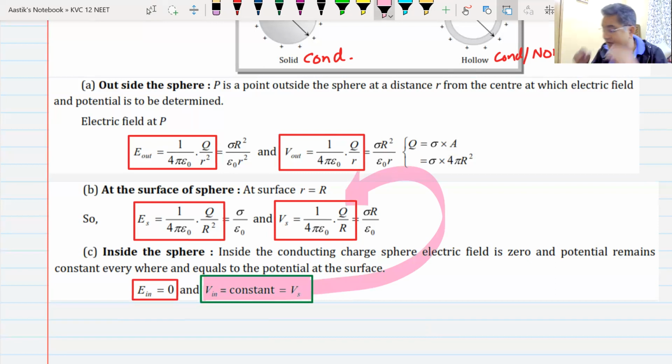That means this value. So potential at any point inside a conducting sphere or a shell is not zero. Electric field is zero, potential is constant. Do you remember I had given you a statement that electric field being zero does not imply that the potential is zero? It implies that the potential is constant. Do we remember this? Yes, sir.